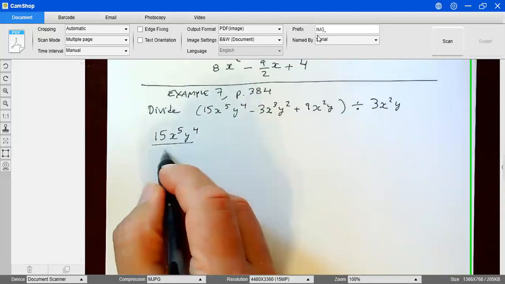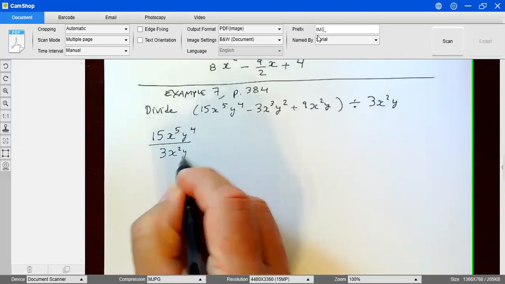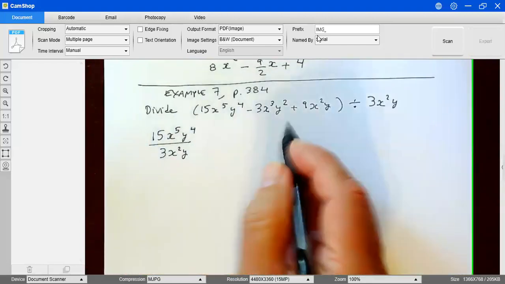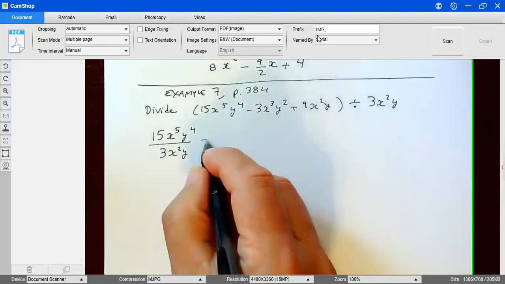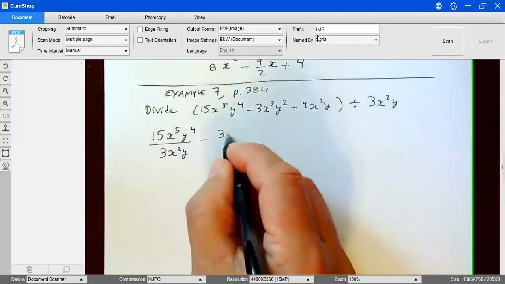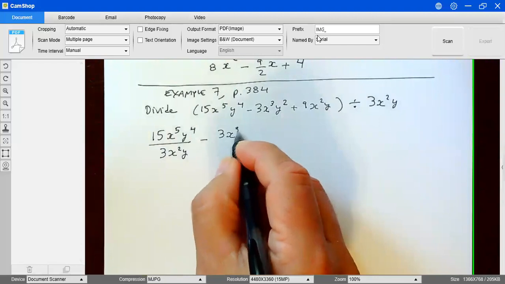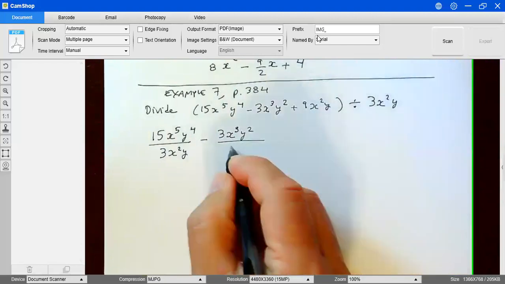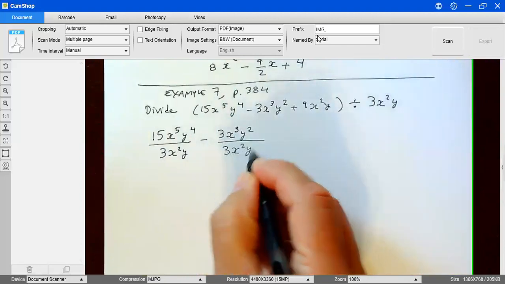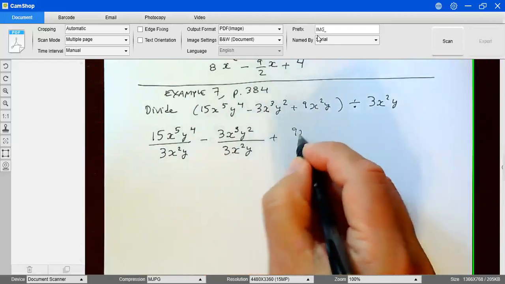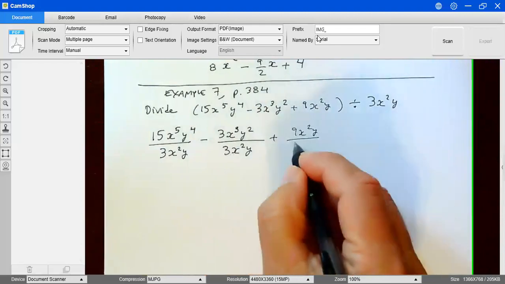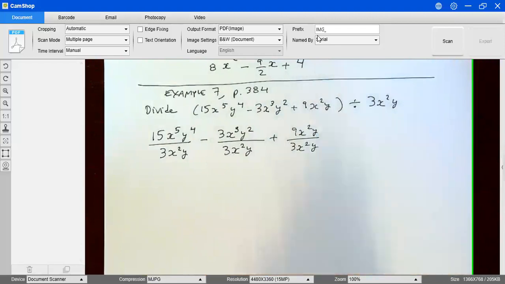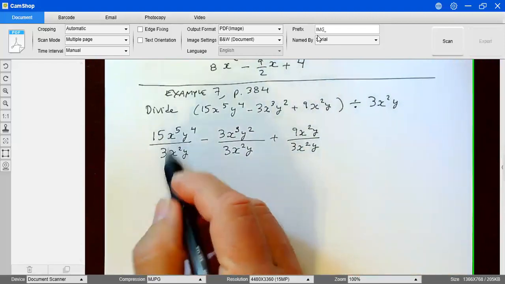I can start writing right away the fractions that are going to result from breaking these numerators: the second term, negative 3x cubed y squared over the monomial, plus 9x squared y over the monomial.